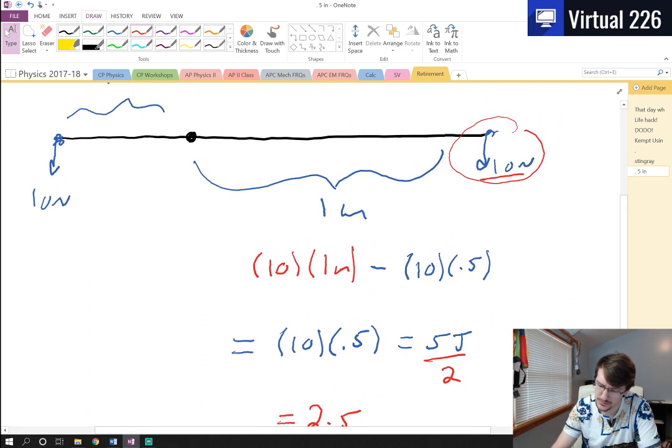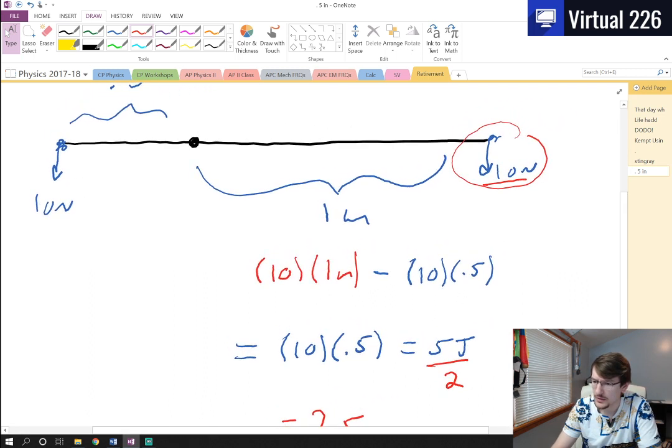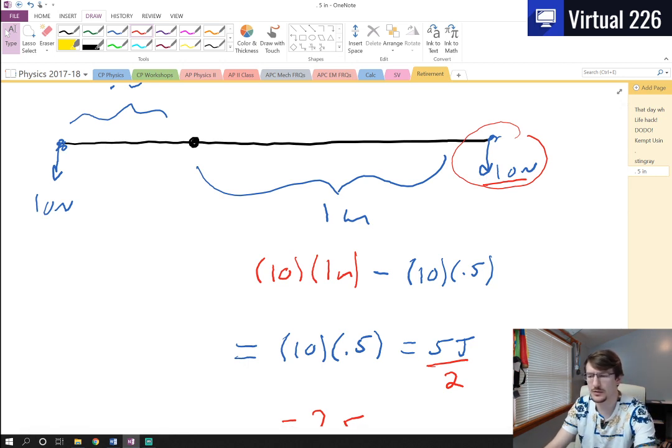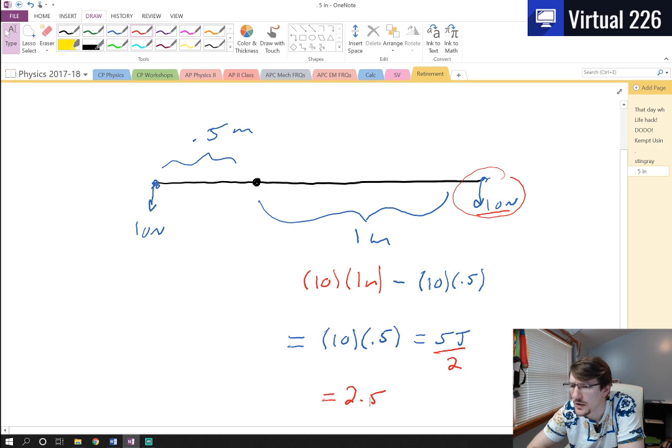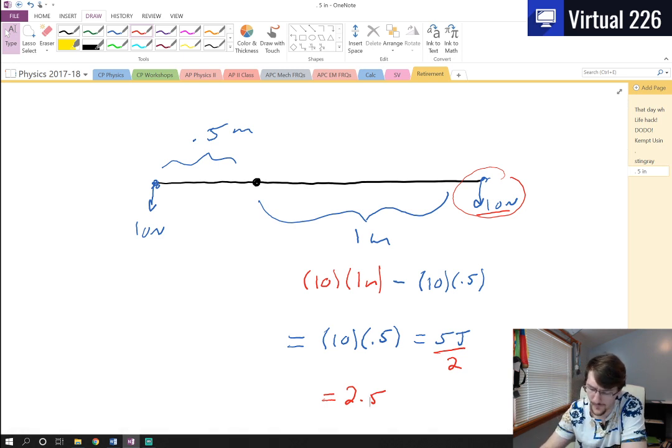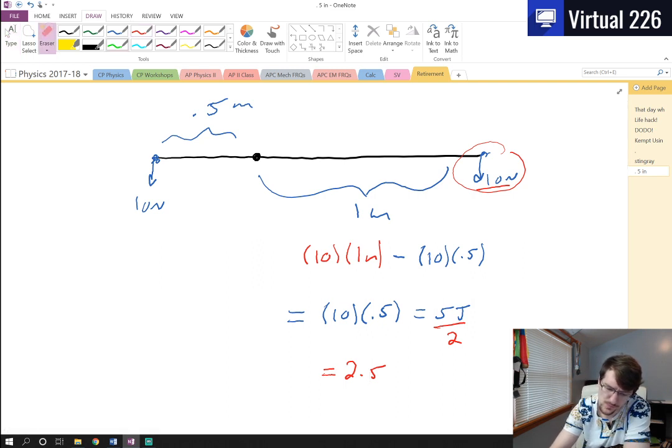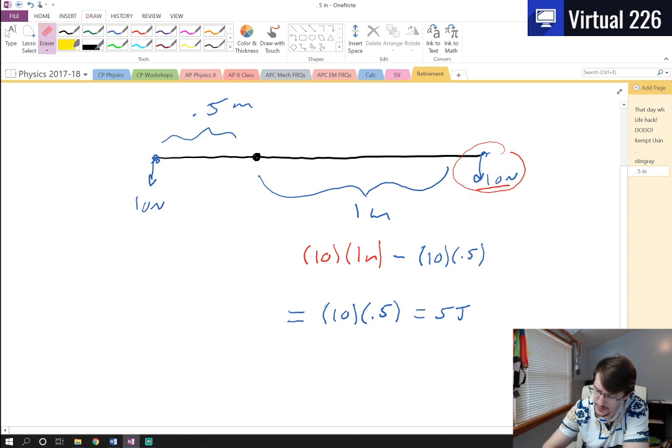So here's why 2.5 isn't the answer. What are we looking for? We're looking for the kinetic energy of y in joules, right? Which one was y?